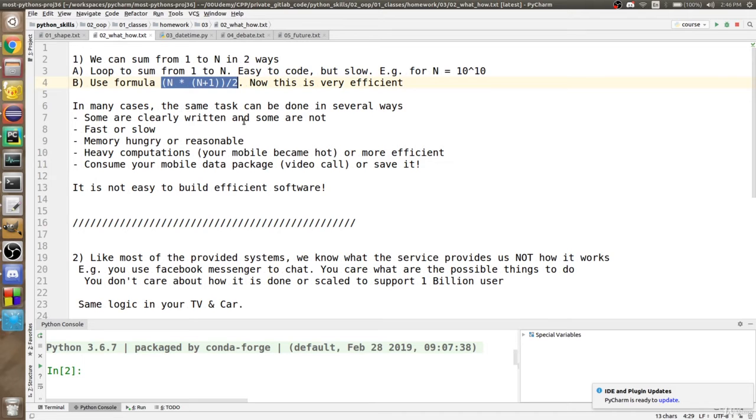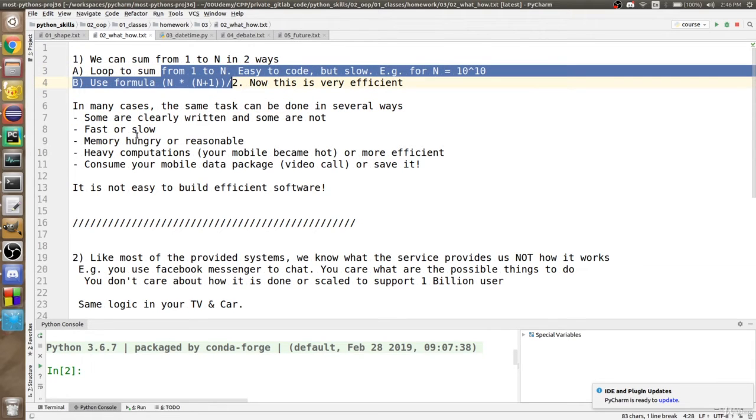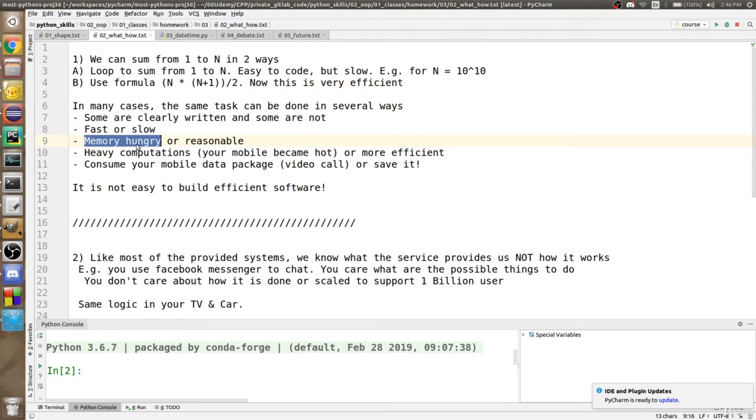And as I said in the video, many tasks can be handled in really different ways. Sometimes a task is clearly written, sometimes not. Sometimes your approach is very fast, like here, or slow, like that one. Sometimes the solution is very memory hungry, sometimes it is reasonable. Sometimes we have a solution that takes a lot of memory but is very fast, or a solution that is reasonable in memory but very slow, and so on.